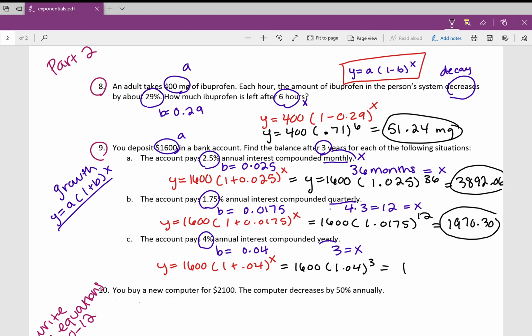And this one gives us 1799.78. So obviously the first one, our problem in A, definitely gives them more money at that higher interest rate, compounded monthly. So that means they're getting that interest rate every month versus getting, let's say, 4% every year. So it adds up quicker.